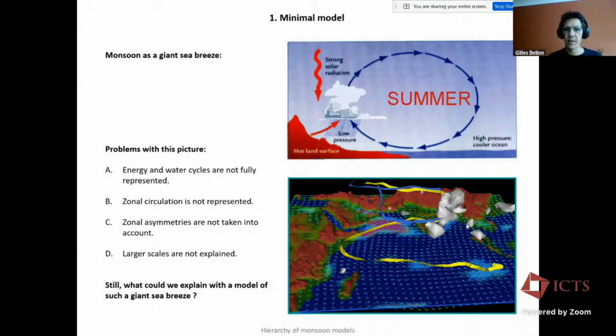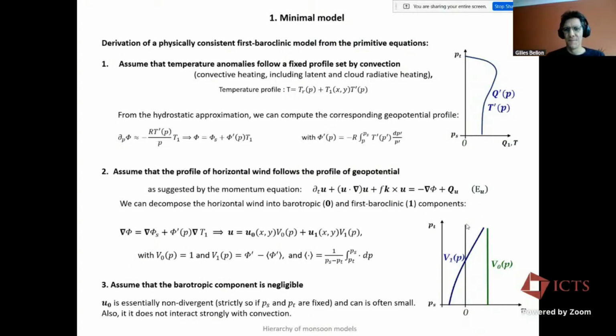So what do we need to get to this minimal model? Well, you see that we need to do a lot of approximations. The first step is essentially to get to a sort of two-layer model that would allow that type of overturning circulation.